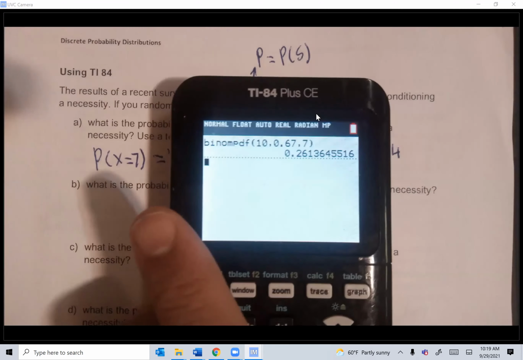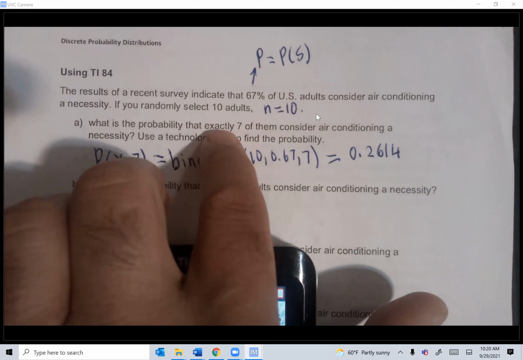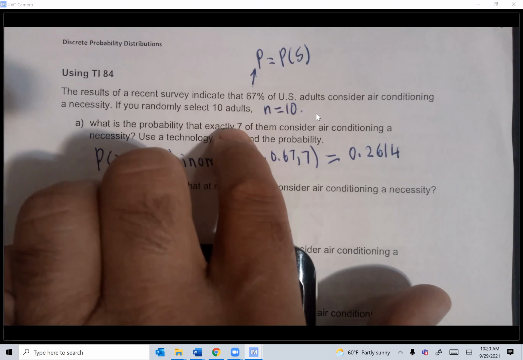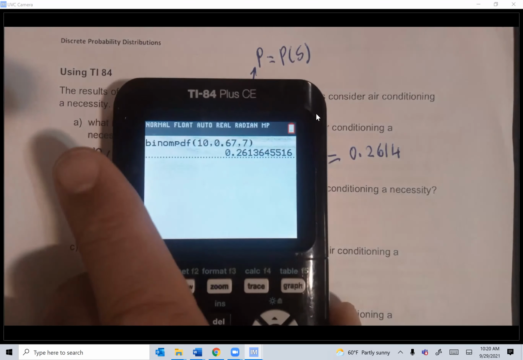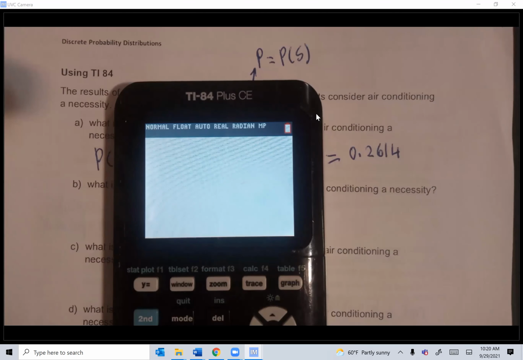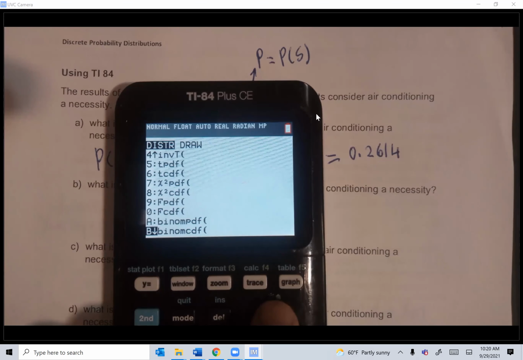Let me change this question and make it, what's the probability that exactly 3 of them consider air conditioning a necessity? Okay, look what you do, guys. Let me clear this. You go to second, distribution, binomial PDF.